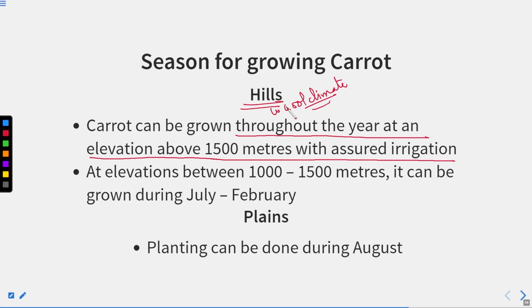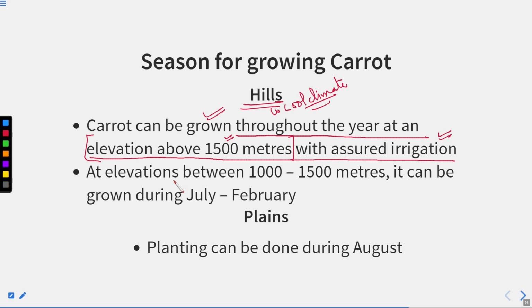So in that particular season also, this carrot can be easily grown. So what is the elevation at which this carrot can be grown throughout the year? That is the elevation above 1500 meters, and a proper irrigation system should be assured. So in these two conditions, this carrot can be grown throughout the year.